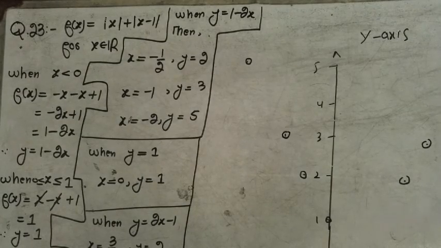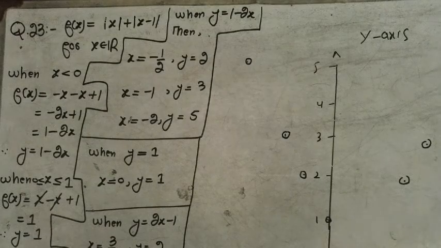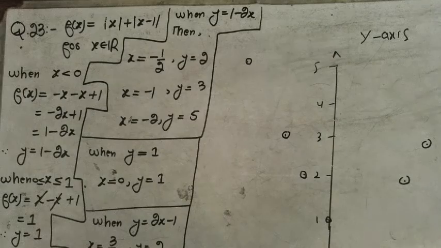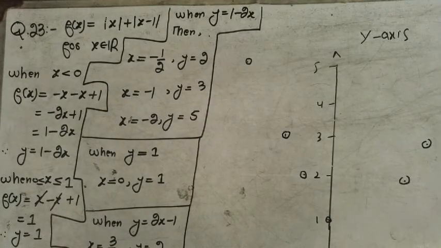The first condition is when x is less than 0, then both values of x will be negative. The second is when x is greater than or equal to 0 and less than or equal to 1, then one value of x is positive and the other is negative. The third condition is when x is greater than 1, then both values of x are positive.